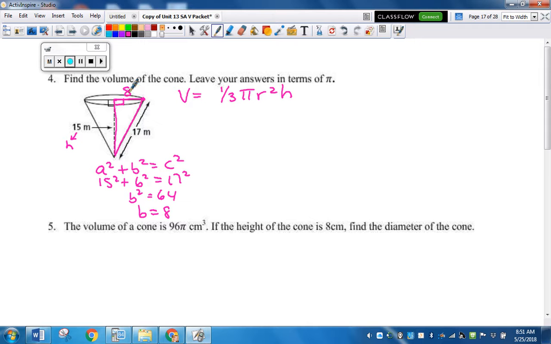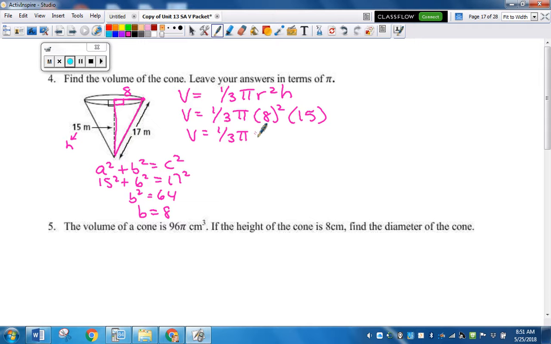All right, then I'm ready. I got every piece I need, right? So volume equals 1/3 pi 8 squared times my height, which is 15, or volume equals 1/3 pi times 64 times 15 divided by 3. I'll leave it like this.